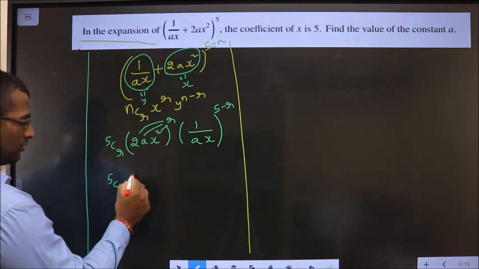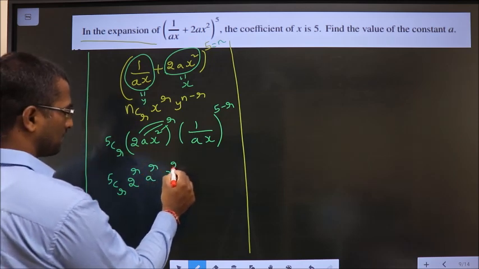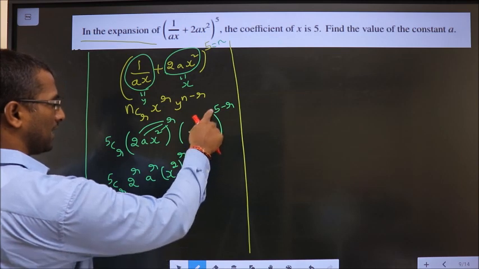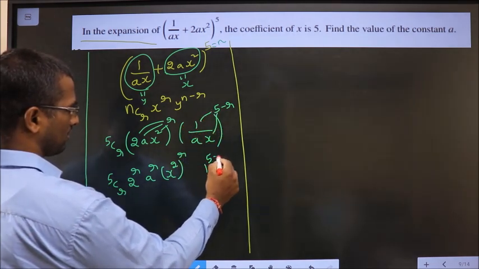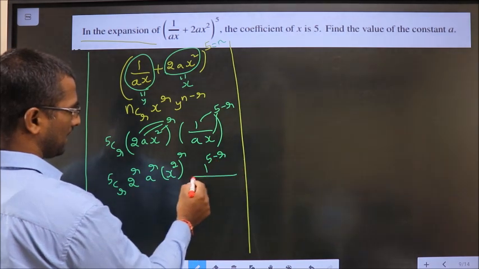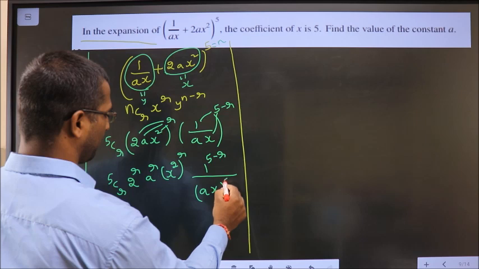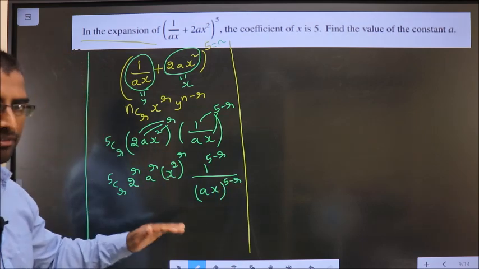So that will be 2^r, a^r, x^(2r). And same here, apply the power to this and also to this. So that will be 1^(5−r) by (ax)^(5−r). Now simplify further.